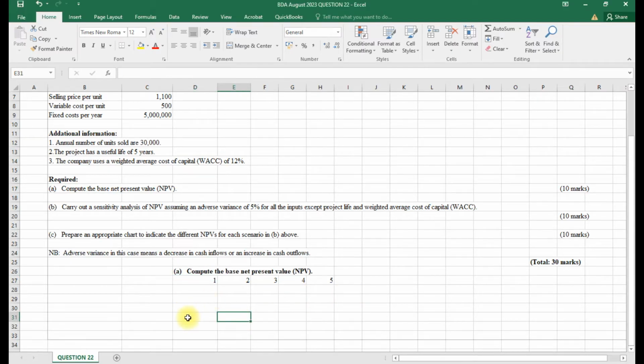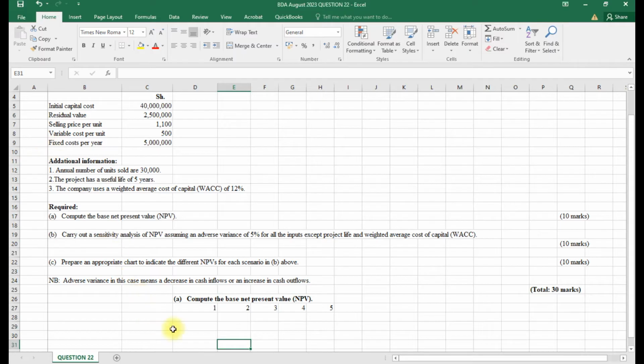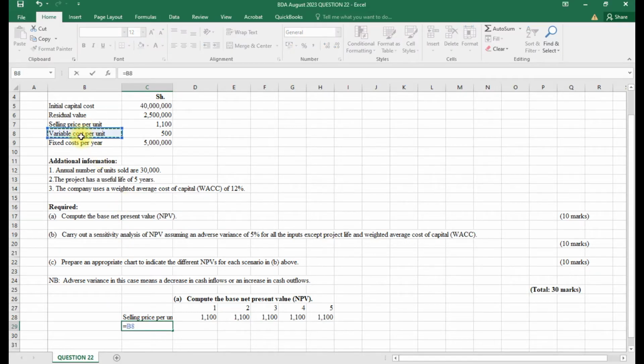So we have the years there, and we shall start with our selling price. The first variable is the selling price, and it will be a constant for all the years, so you can lock that value with F4 because it is constant all through. It is a constant 1. Then the variable cost, again I will lock it because it is not changing.